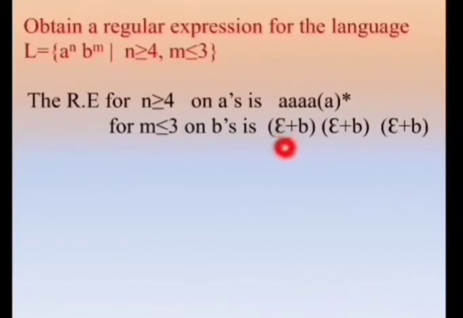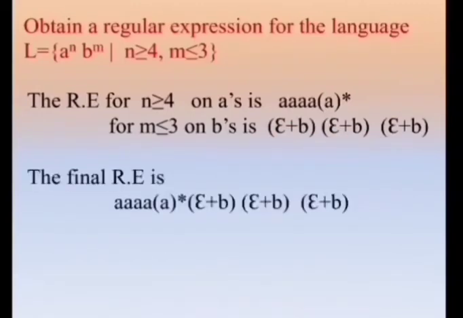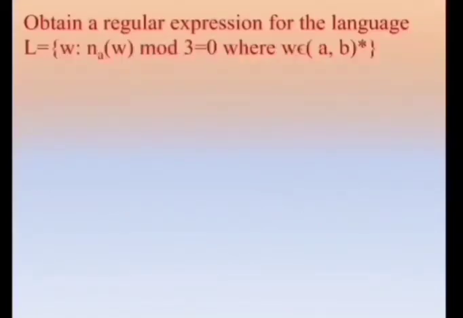As we have seen in the previous problem, for every instance we add (epsilon plus B)(epsilon plus B)(epsilon plus B) for maximum 3 B's. Hence the final regular expression is A's followed by B's. So this is the regular expression for the A condition, and this is the regular expression for the B condition.